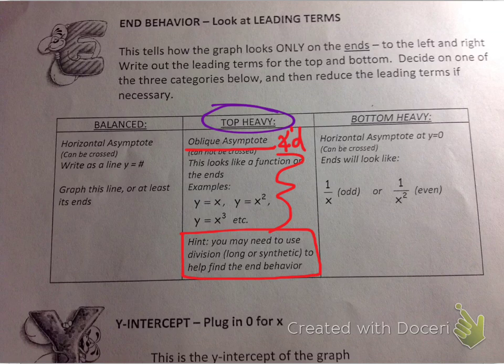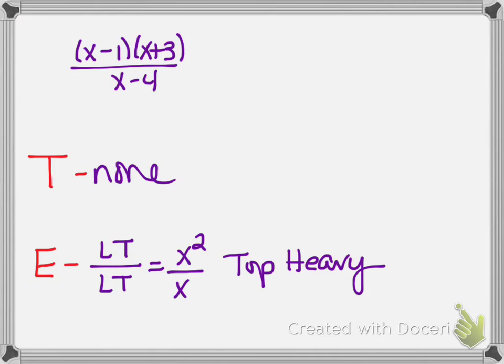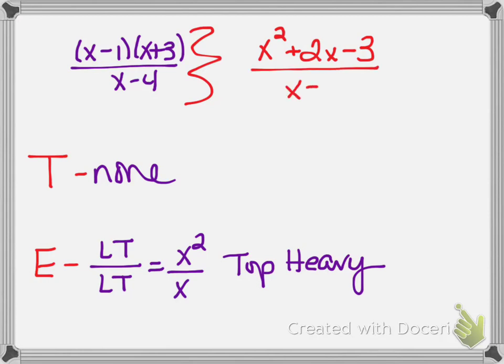If you are top heavy, you are going to use division to find the equation for your oblique asymptote. So what I'm going to do is go back, and in order to do the division with this equation right here, I actually do have to FOIL out the numerator. So the numerator would FOIL out to become x squared plus 2x minus 3. Okay? And I'm trying to divide it by x minus 4.